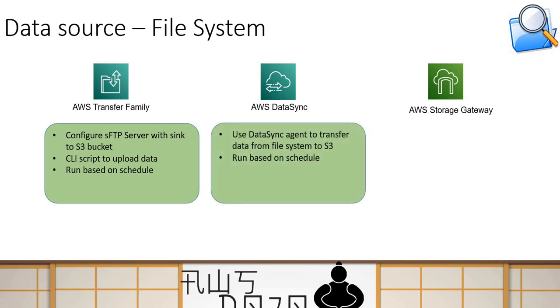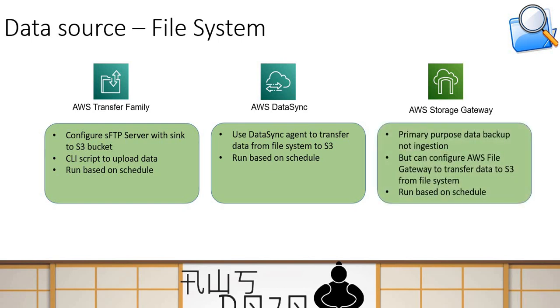DataSync works in a similar way, but in this case you use a DataSync agent, which can take data from your file systems and write to the S3 bucket, and such transfer of data also happens based on a schedule.